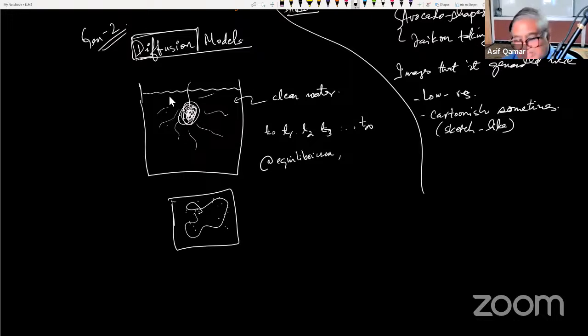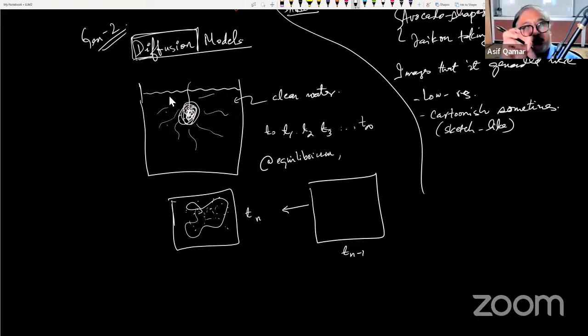You could ask this question: I'm at T equals N. Is there a way for me to understand what was the state at Tn minus 1? You could possibly argue that you can do that. Why? Because from this, you can infer where it all came from. You just have to take it and make it more condensed.